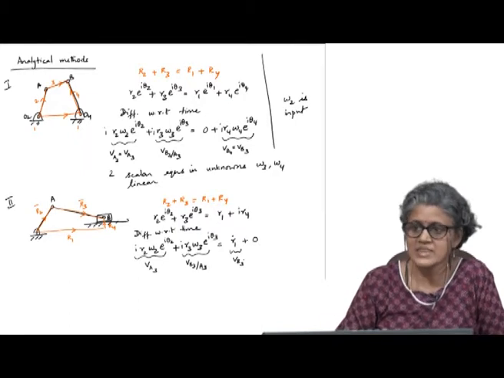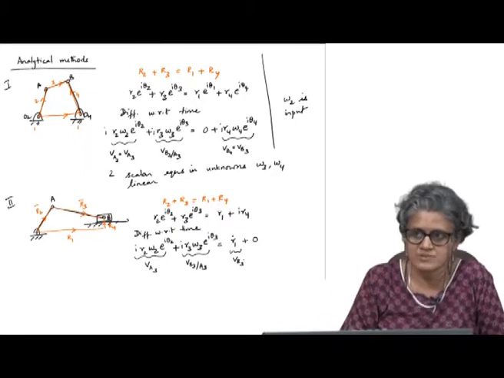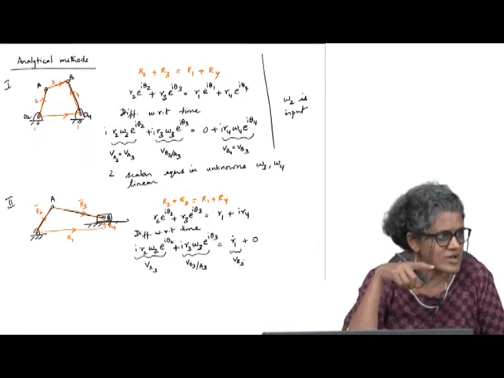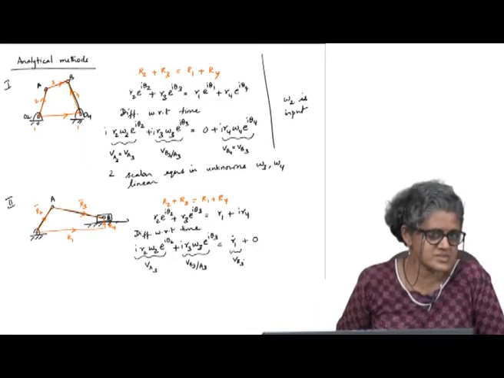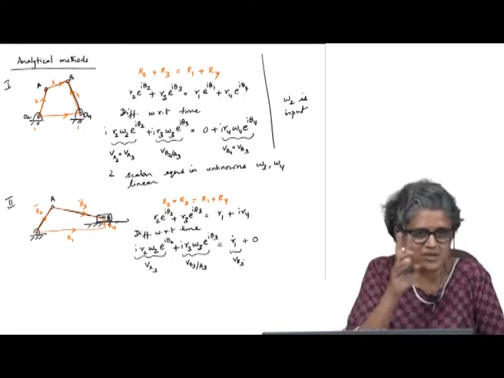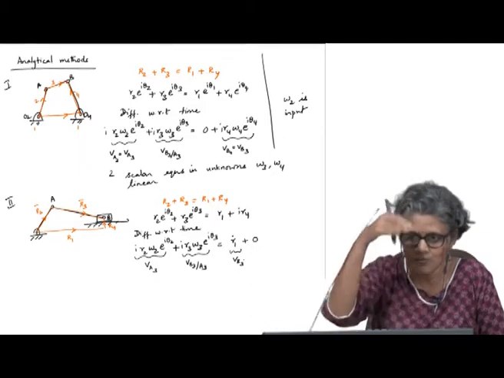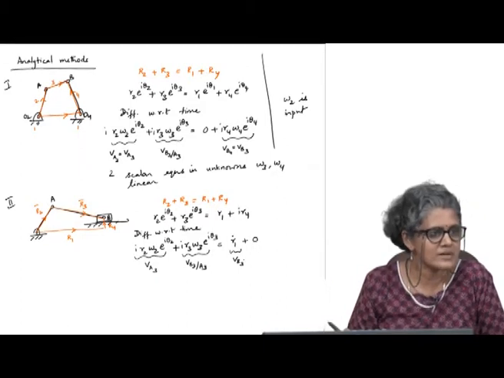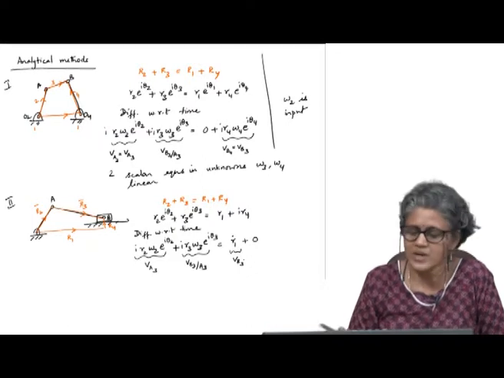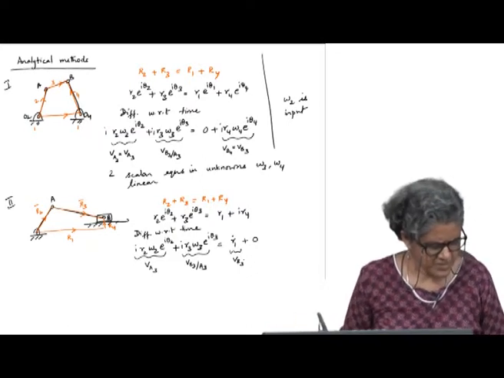So, this is again the same equation that we used to construct your velocity polygon. So, that follows from this. If you forget how we got that, this is how you get that. Okay. So, that gives you this.